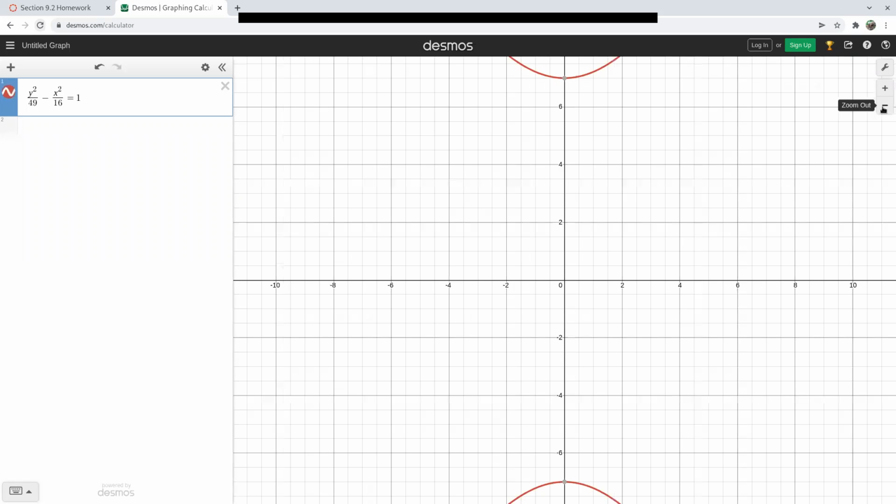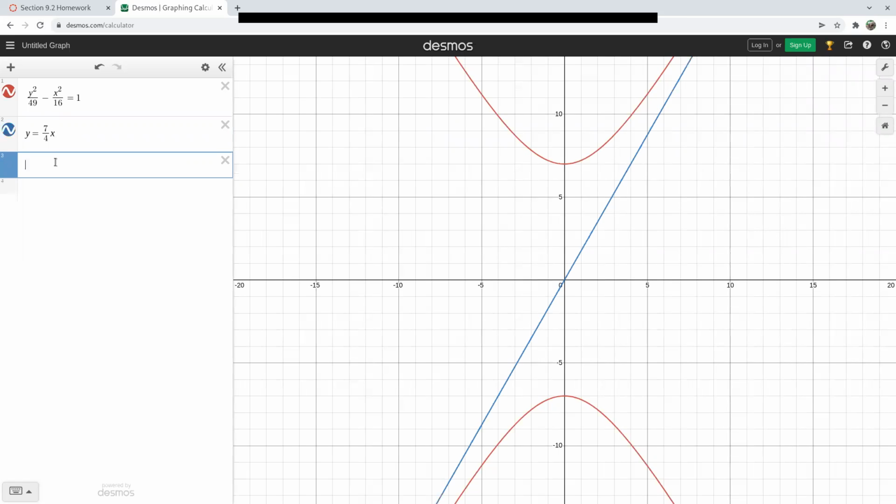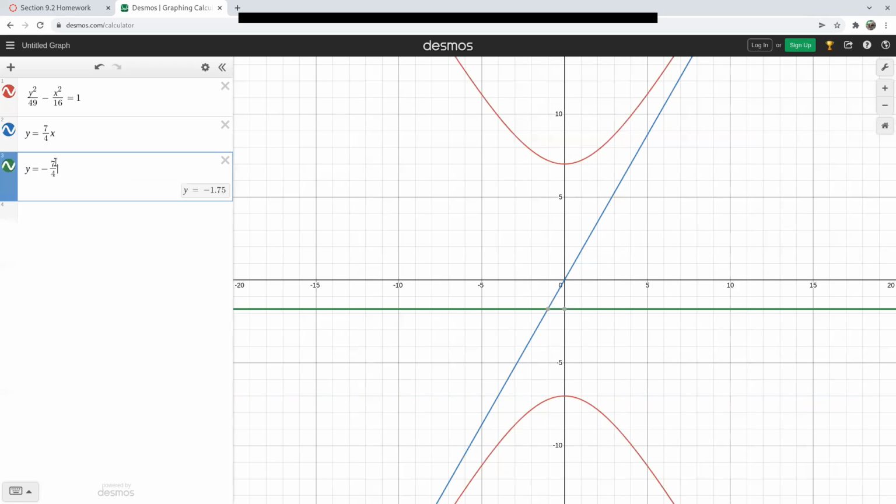And zoom out. And then if we take our square root of 49, which is 7, square root of 16 is 4, that should be the slope of the asymptote passing through the origin. So that would just be y equals 7/4 x would be the asymptote with the positive slope. And the other one should be y equals -7/4 x.